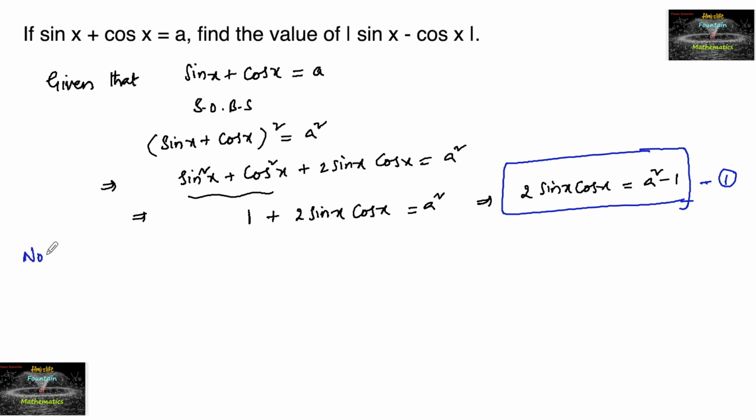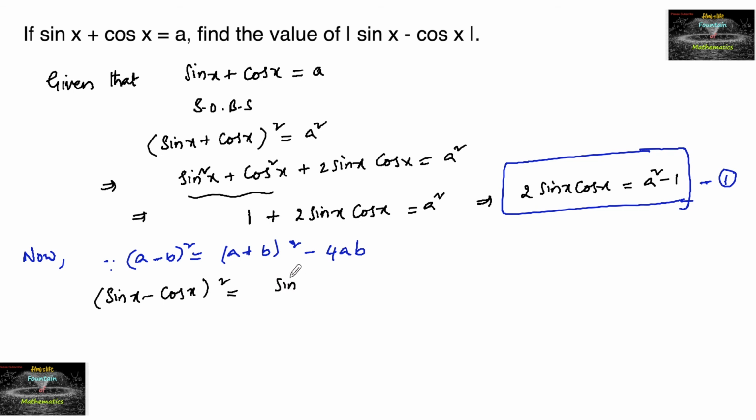Now since (a minus b) whole square is equal to (a plus b) whole square minus 4 times ab, we can write here (sin x minus cos x) whole square as (sin x plus cos x) whole square minus 4 times sin x cos x, and sin x plus cos x is given as a, make this equation 2.